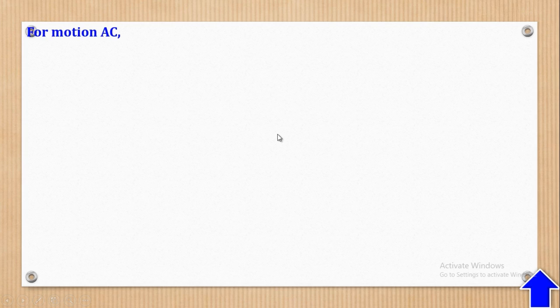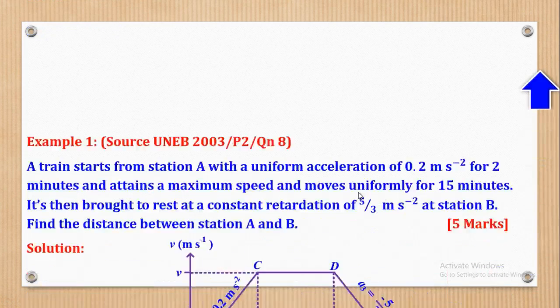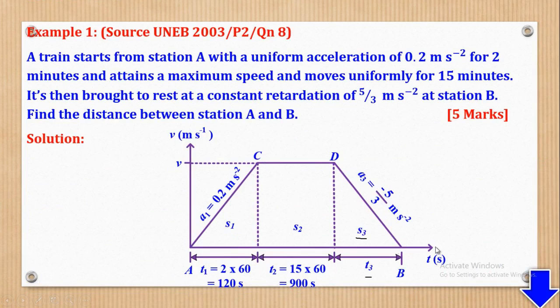So we shall start by motion AC. Remember, they want the distance from station A to B. So for motion AC, we can get distance S1 by getting the area, which is a half base times height, but we don't know yet the value of V, so we have to first get V using the first equation of motion, V is equal to U plus AT. So A is 0.2, T is 120, and U is 0.